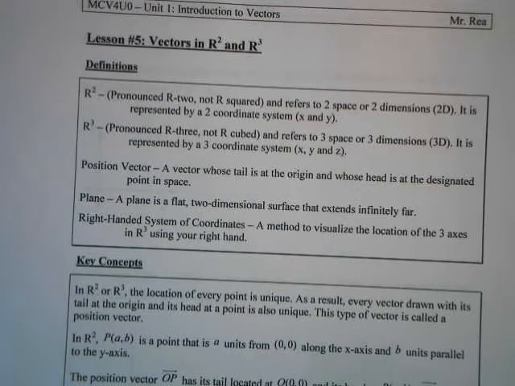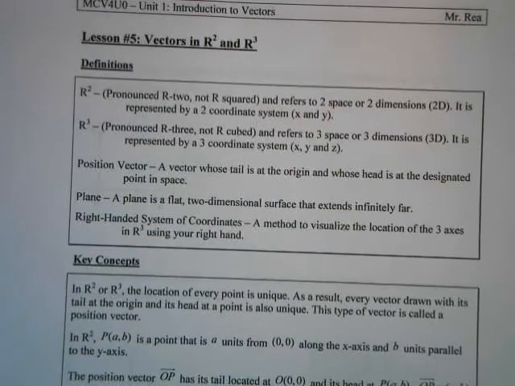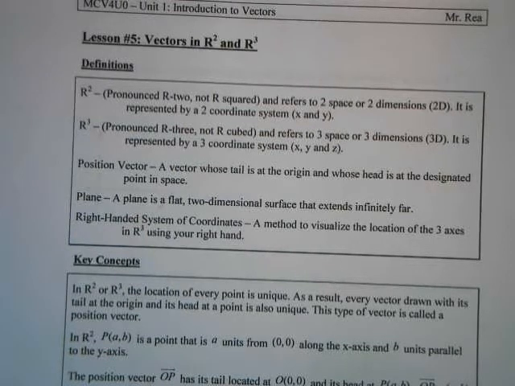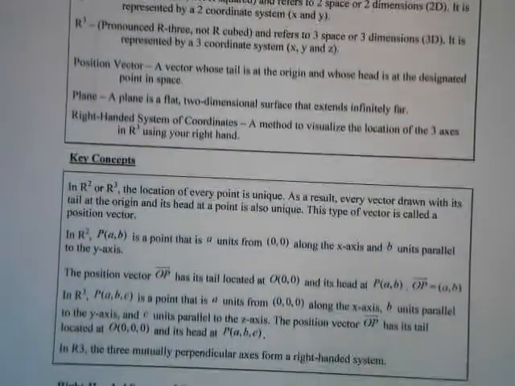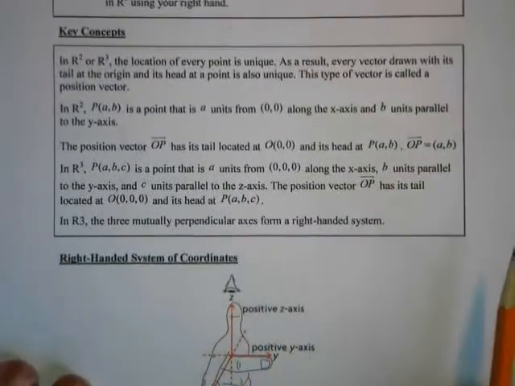We're going to talk about that at the bottom of the page. And obviously you only need this for R3. You've been working in 2-dimensional coordinates X and Y for years and years, so I think you won't have a problem continuing that. Okay, some of the key concepts.